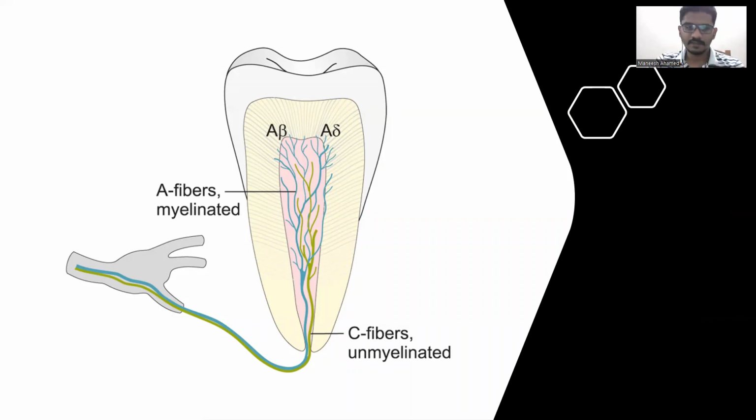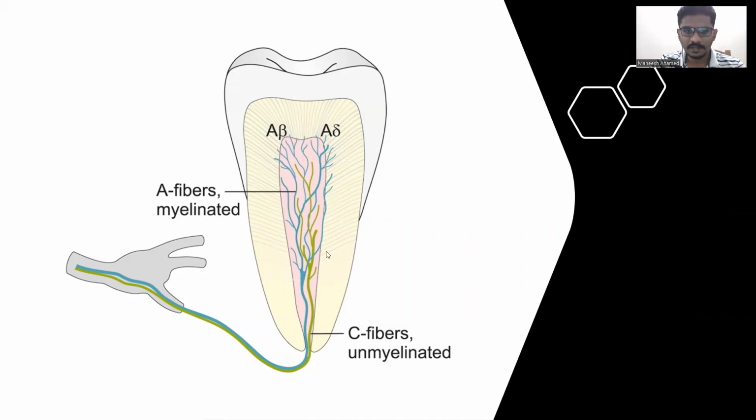Under this, A fibers are divided into A beta and A delta. The majority of A fibers are A delta fibers, which are myelinated fibers with a small diameter. They are located mainly on the periphery of the tooth, as you can see in this picture. And in the core of the tooth, we have C unmyelinated fibers.